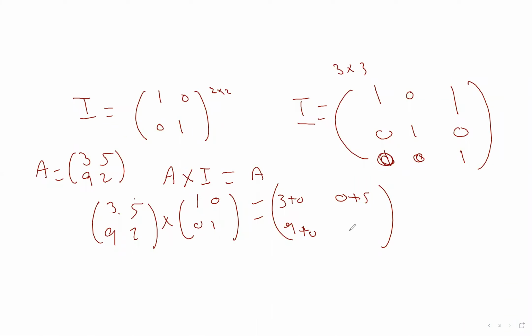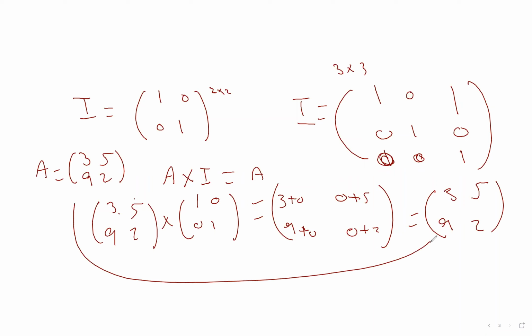But then 9 times 0 is 0, 2 times 1 is 2. It will be 3, 5, 9, 2 as this one.